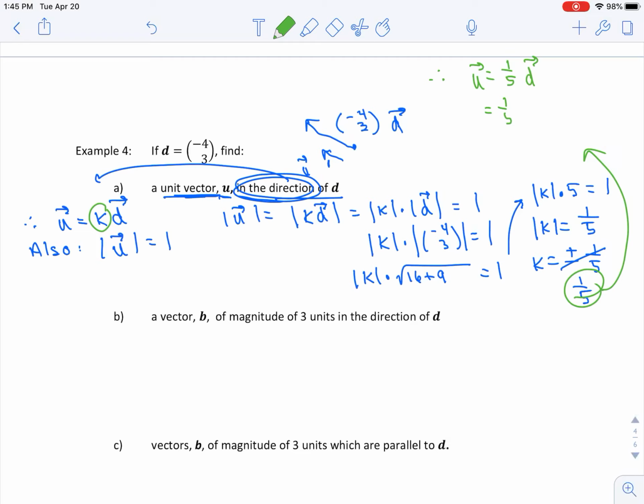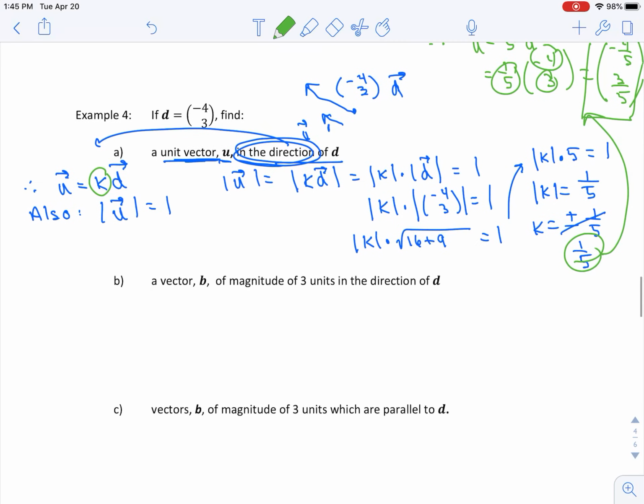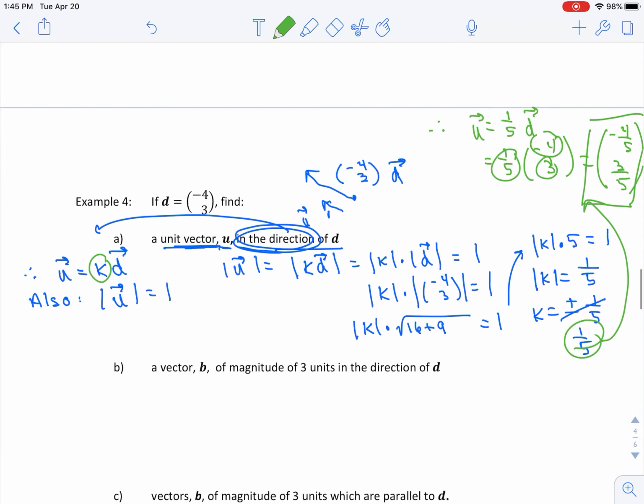So that's 1/5. Now vector d again is -4, 3. So that's going to be the vector -4/5, 3/5. Okay, remember when you take a scalar multiple, you have to multiply both of the components by the scalar that's out here. So there is our final answer. Now, and this is vector u. Now, I just want to point out, we can check this.